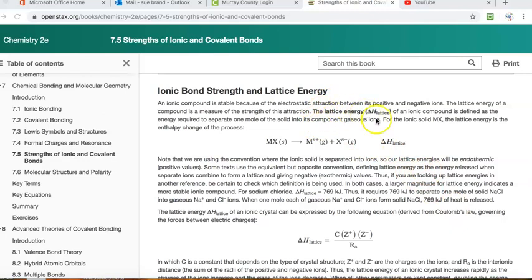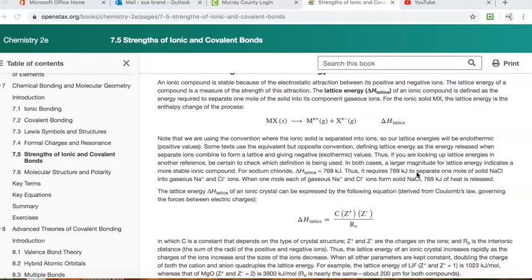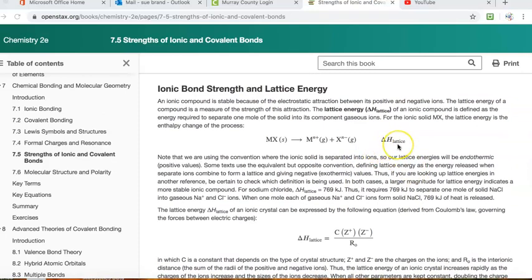By definition, the lattice energy of an ionic compound is the energy required to separate 1 mole of a solid into its component gaseous ions. So here we have a solid that is going to be broken apart into gaseous ions. The amount of energy it takes to do that is referred to as the lattice energy.